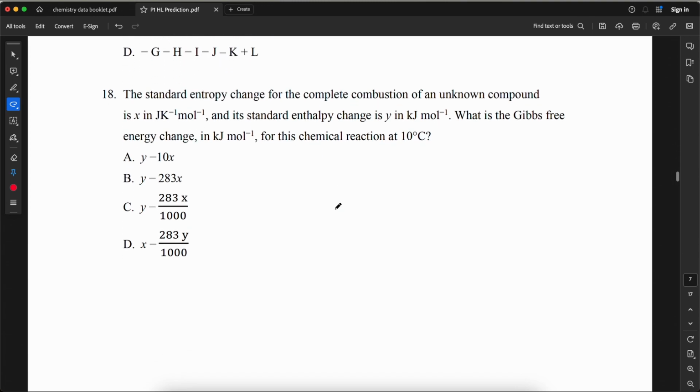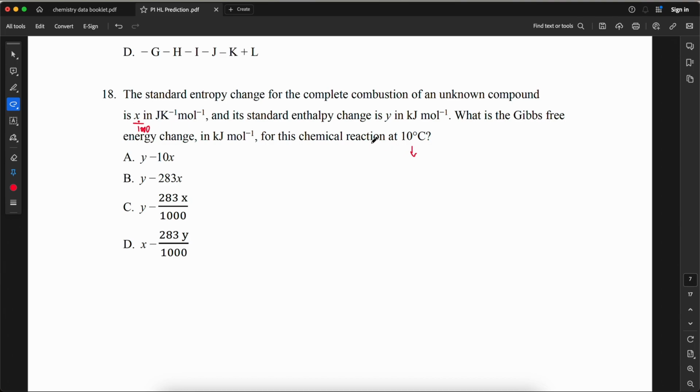The standard entropy change for the complete combustion of an unknown compound is X in J per K per mole, and its standard enthalpy change is Y in kilojoule per mole. What is the Gibbs free energy in kilojoule per mole? It means X should be divided by 1000, because it should be in kilojoule per mole, and the enthalpy change is already in kilojoule per mole.